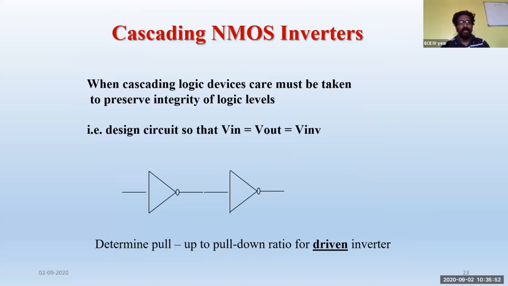We are supposed to design that cascading in order to protect the integrity of the logic levels, or else if the logic levels are lost, then the entire operation of your device will be affected. So when making the cascading, you should make connections between the exact terminals. If the terminals are not connected properly, you will not obtain the correct output.